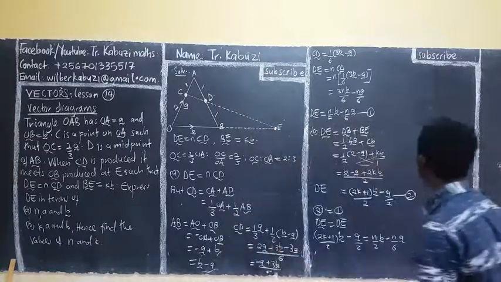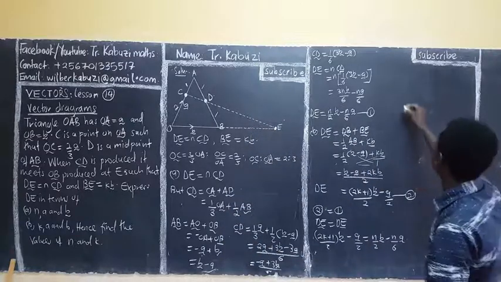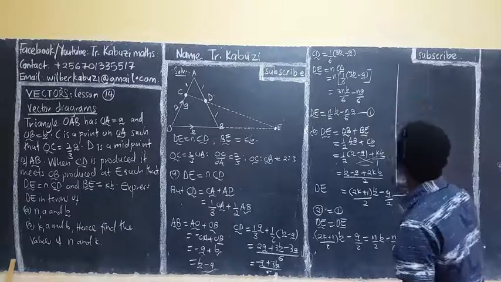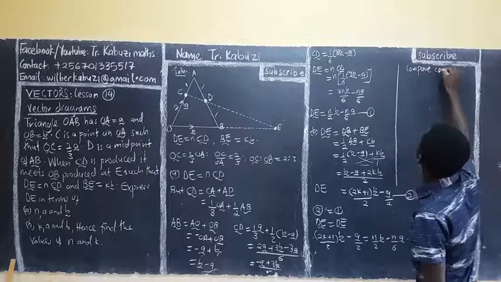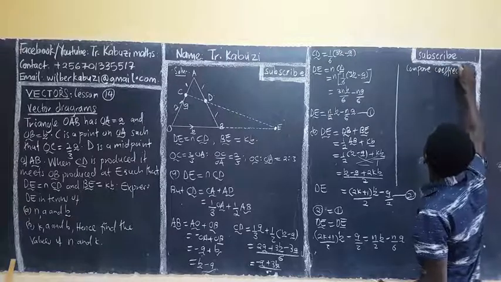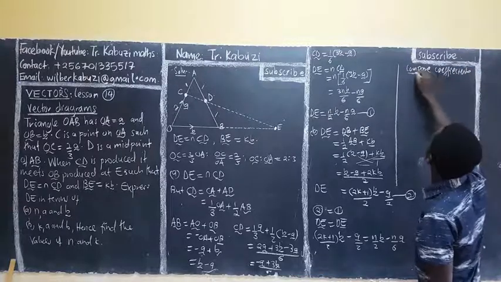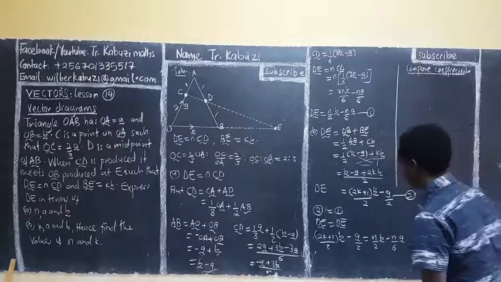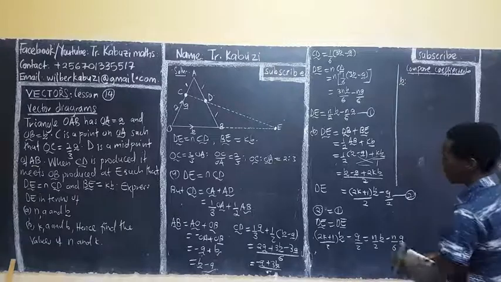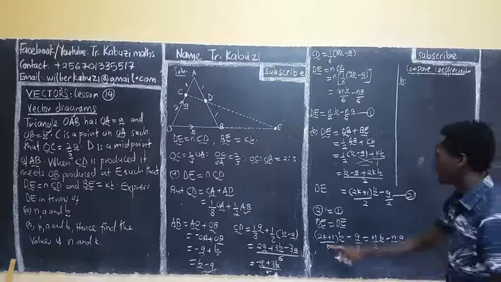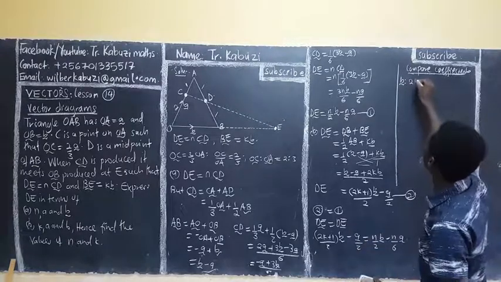So after there, we compare coefficients. Let us start with the coefficients of vector B, because we have B on this side and also on that side.